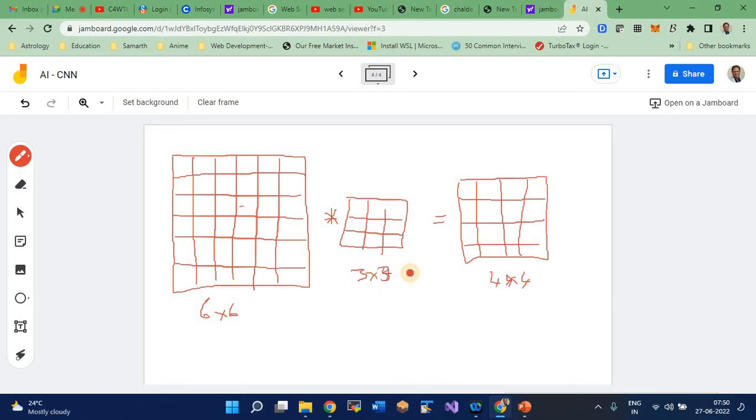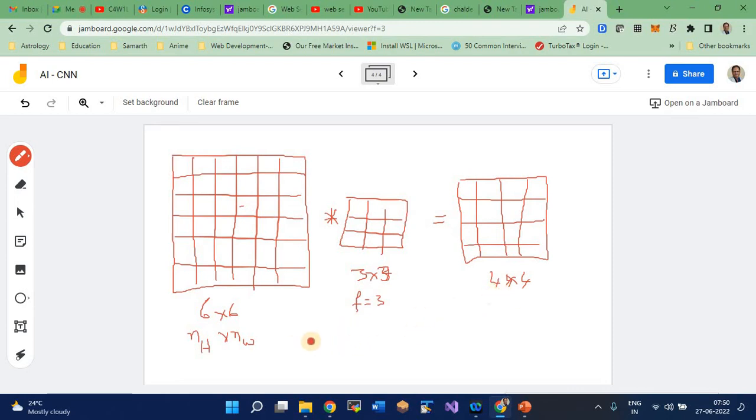So if you talk about this, it is n_h height times n_w, and this filter is equal to 3 by 3, and you got an output of 4 by 4.